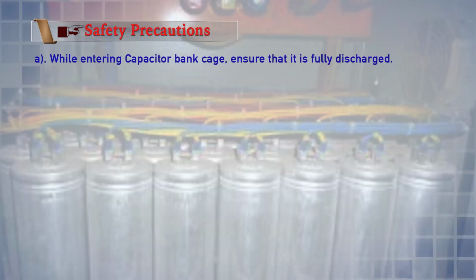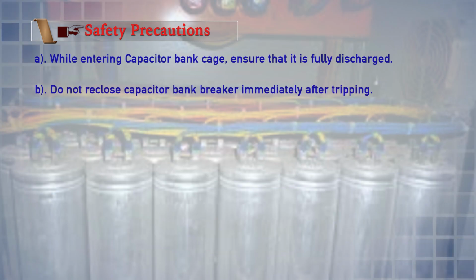The safety precautions that should be taken while testing a capacitor bank are as follows. One by one we will discuss what safety precautions are required when you are working on the capacitor bank. First point: while entering the capacitor bank case, ensure that it is fully discharged. Second point: do not reclose the capacitor bank breaker immediately after tripping.